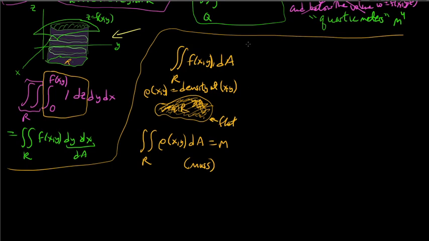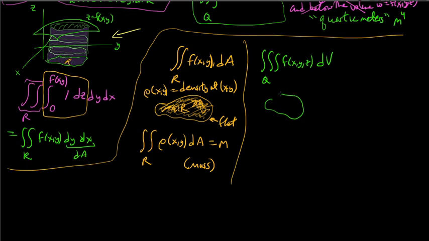Now we can easily make the transition to the triple integral, the volume integral here. Instead of some flat region, we have some solid region in space. The best example, if you want a nice symmetric one, is just a sphere.